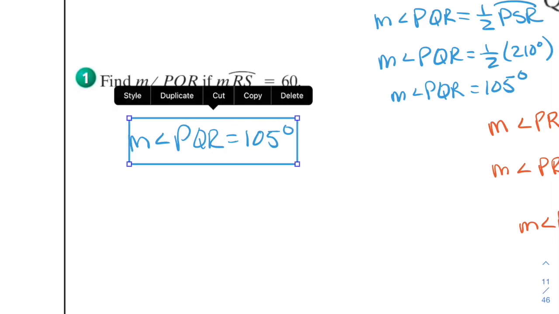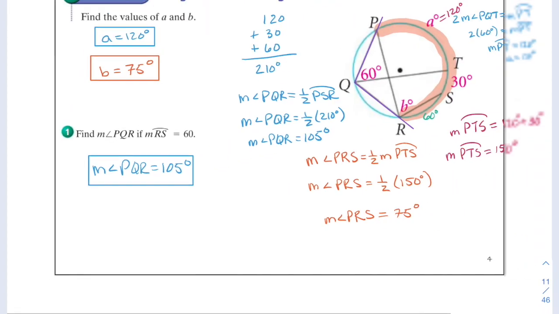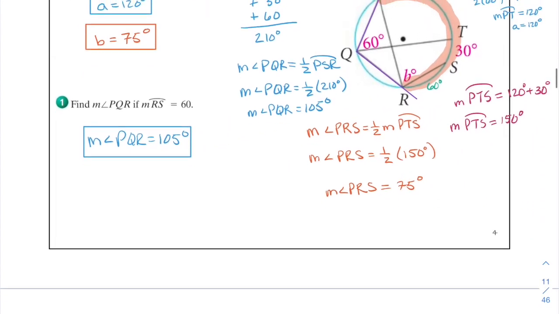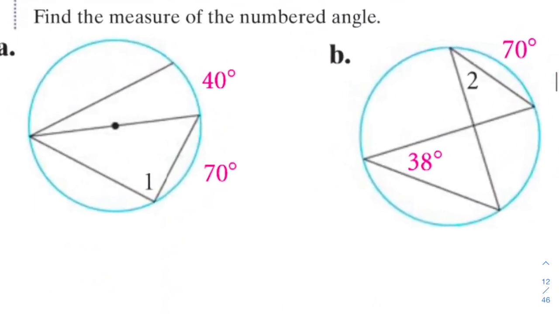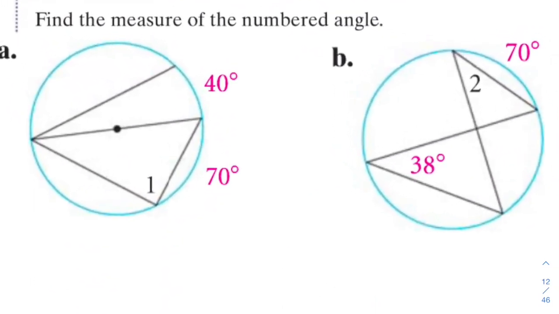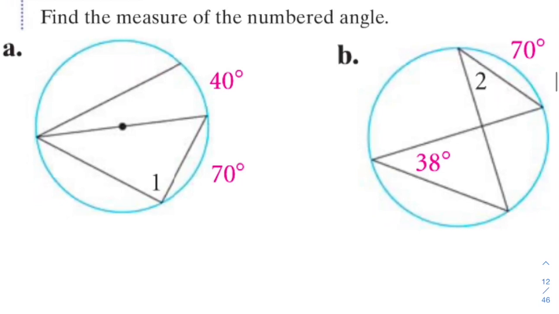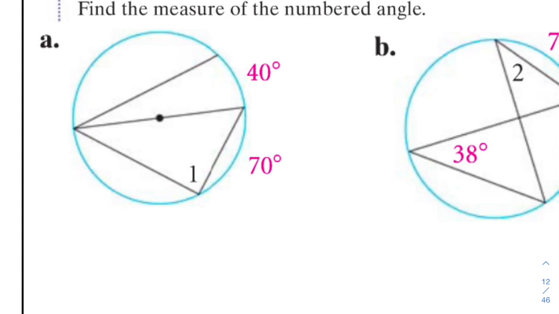All right. Next, here are the corollaries questions. So you'll notice in this first one, we have an inscribed angle 1, but notice that you have a diameter as well. The textbook will give you these numbers, so you don't really need them.